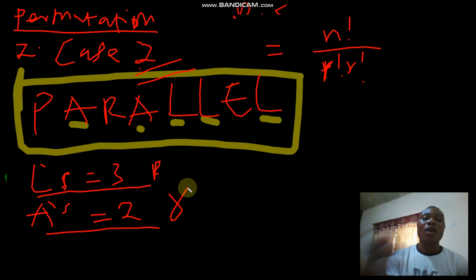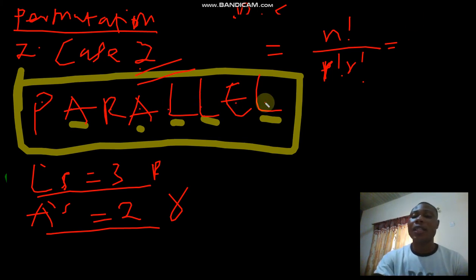So if I have different types of elements or letters in the same word which are identical, I will just be multiplying the number by the factorial. So that continues to be 1, 2, 3, 4, 5, 6, 7, 8. I have 8 letters. N is 8.